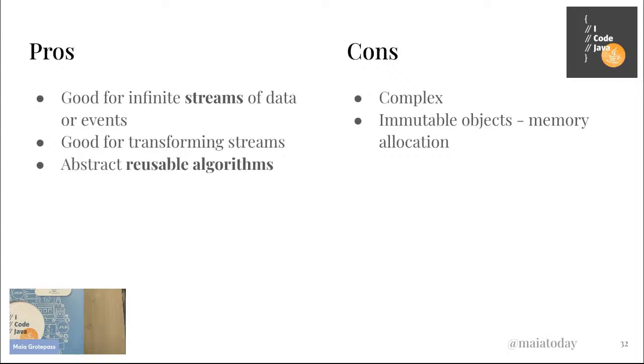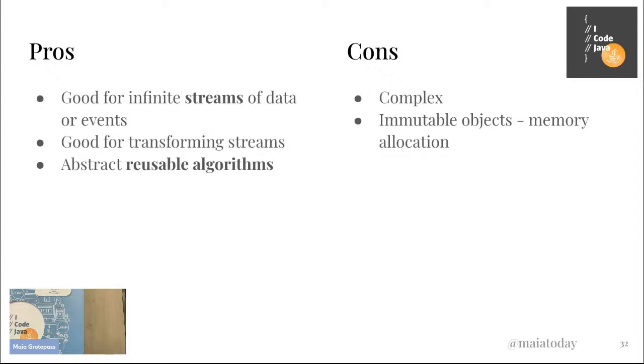And then the cons are that it can be complex because you need to know about the underlying framework and you need to think about things differently. For me it was complex. If you're used to thinking about objects or you're used to thinking about imperative code, then that switch can sometimes be a little bit uncomfortable. And then there's this thing about the immutable objects that get copied.